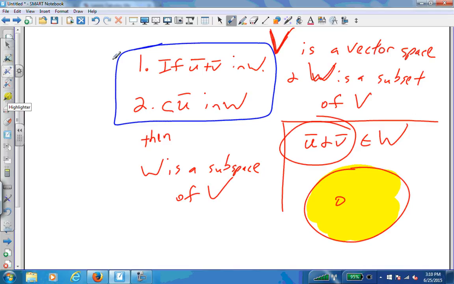But that's a lot easier. If we know that it's part of a vector space, then we only have to check these two criteria to see if it meets those.